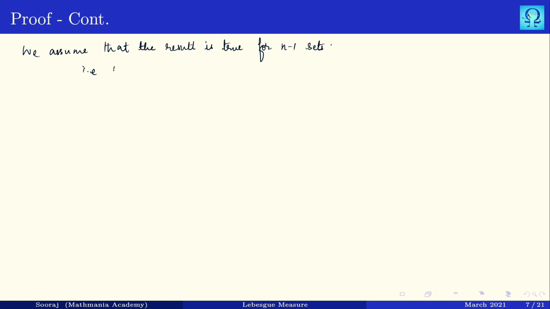That is, m star of A intersection union i runs from 1 to n minus 1 Ei is equal to summation i runs from 1 to n minus 1 m star of A intersection Ei. Therefore now we consider A intersection union i runs from 1 to n Ei.